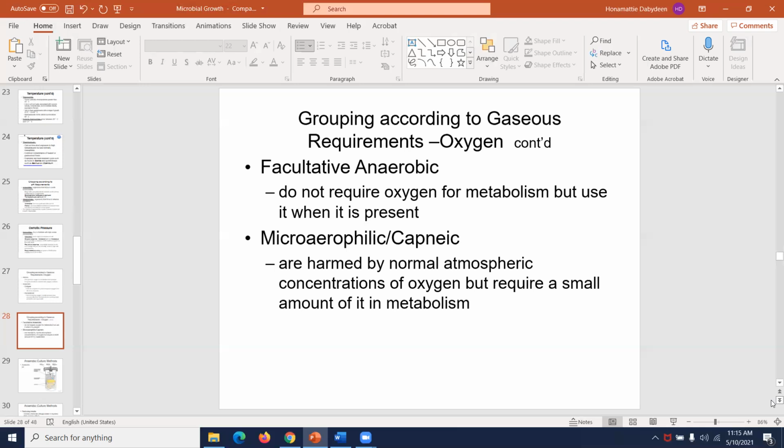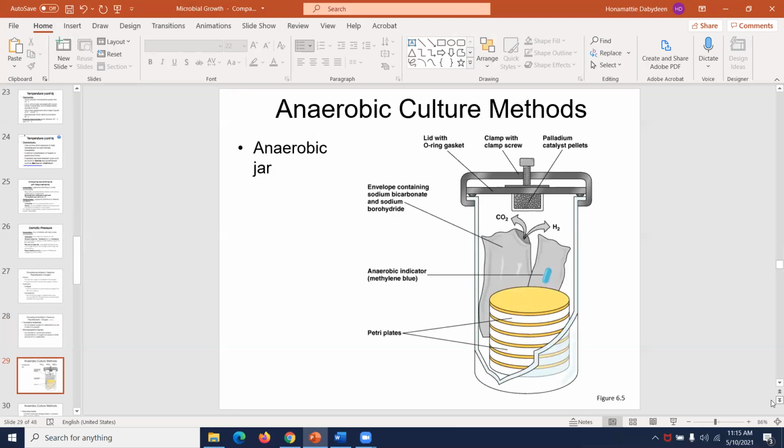Now, in the next couple of slides, we'll talk about how we create these conditions for these groups of organisms to grow. For example, anaerobic organisms don't want oxygen in the air. They're not going to grow when oxygen is present.